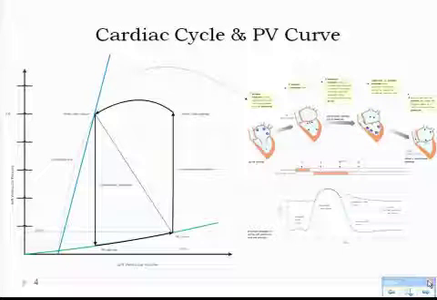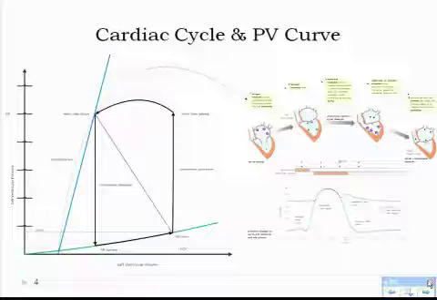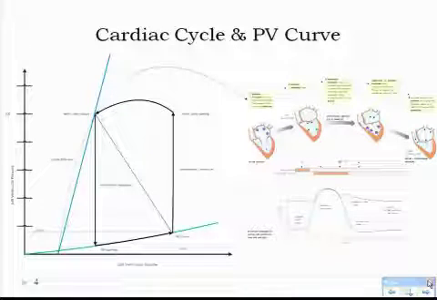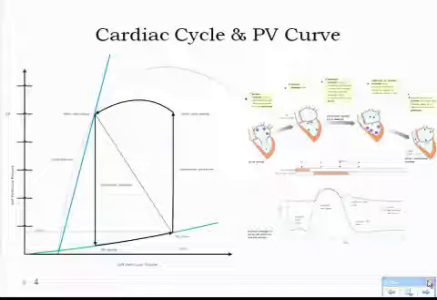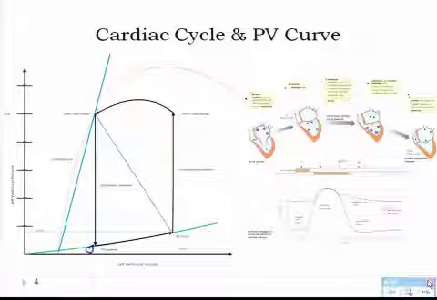The pressure volume cycle is not going to go away. I'm going to keep talking about it, especially when we talk more about medications and how they affect the performance of the heart. When you're looking at this, this is the pressure volume curve for the left ventricle, so you're really looking at everything that's occurring in the left.